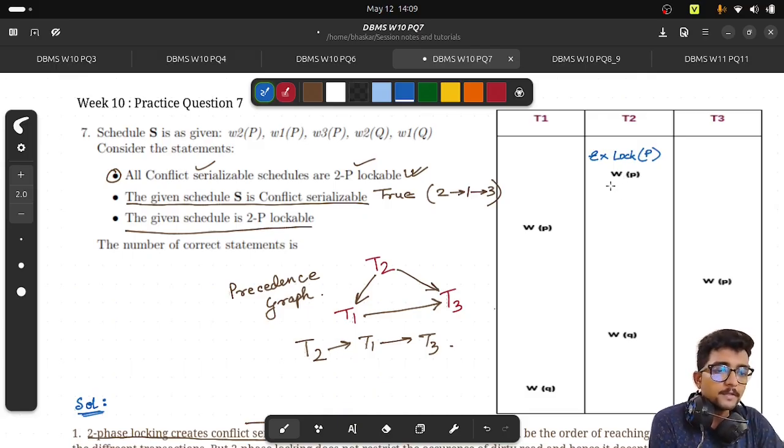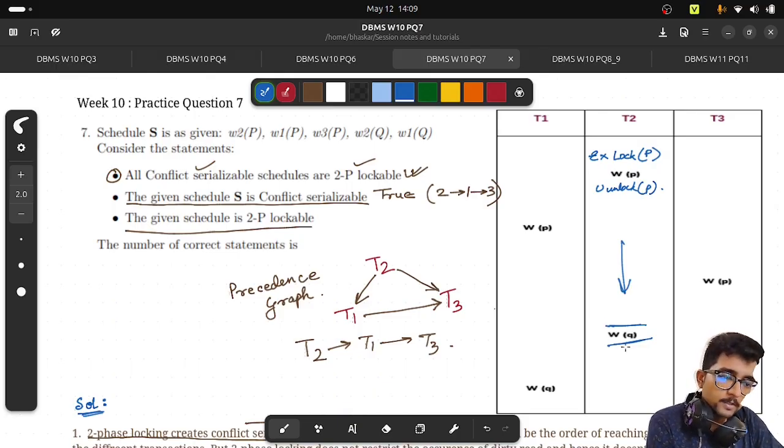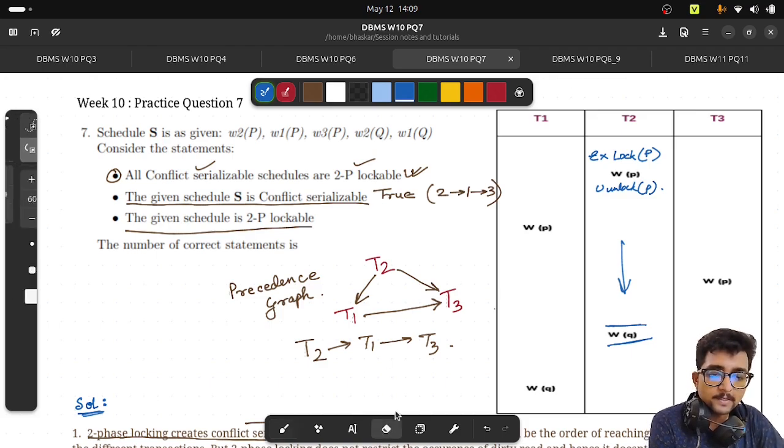So then, can I write unlock over here? Unlock P. See, the thing is, once I unlock P, I will not be able to put a lock on Q. And later in the transaction, I need to put a lock on Q so that I can write on Q. So I cannot do that, and that's why I will not unlock P now. We will have to think about something else.